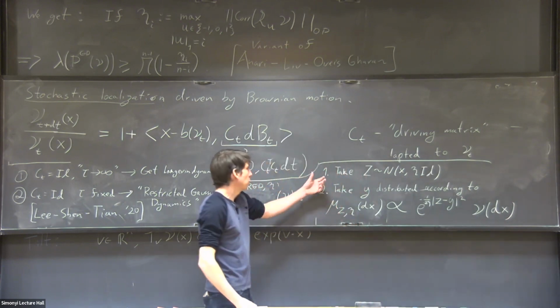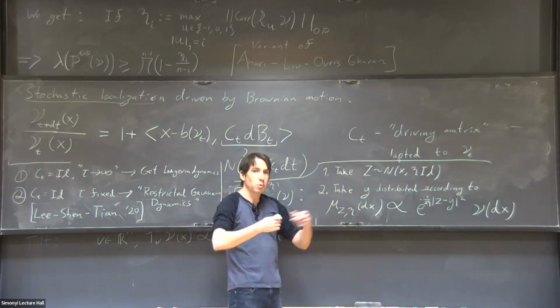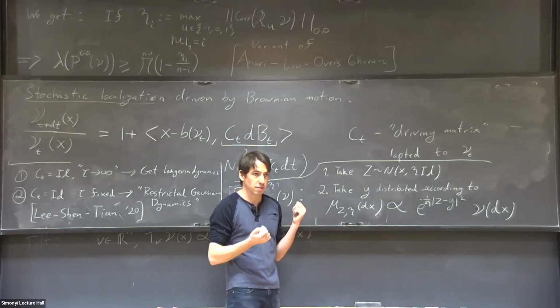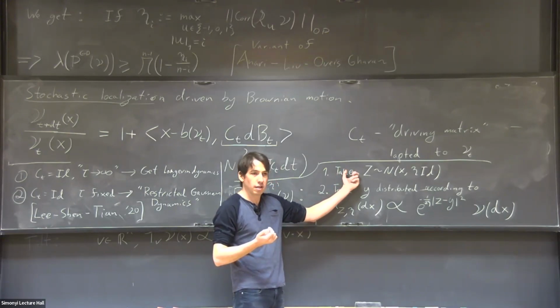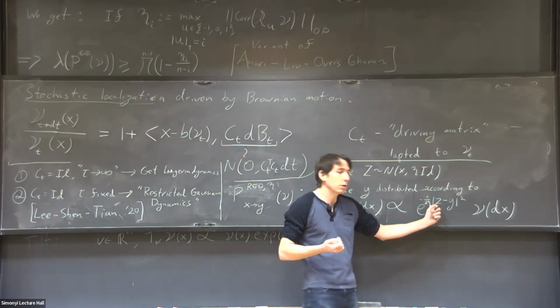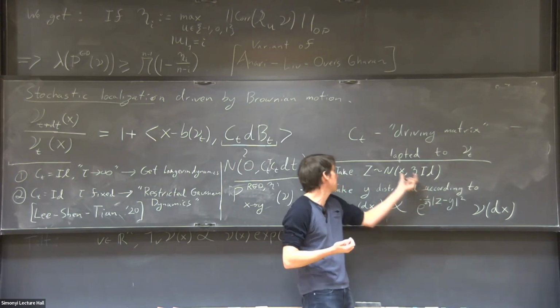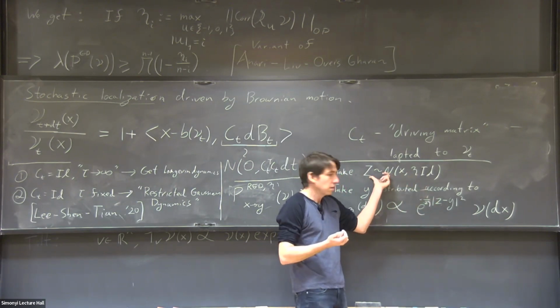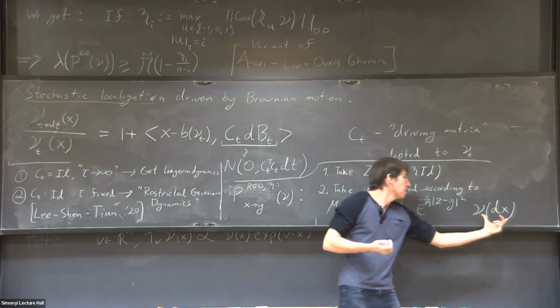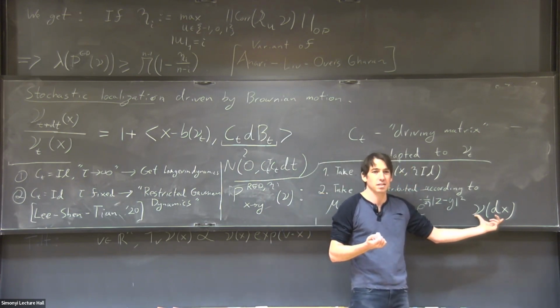So we start from a point x, we apply a little Gaussian noise to it, and then how do we choose the next point? According to a Gaussian measure centered at this new point z with the same variance, but multiplied by the density of mu.